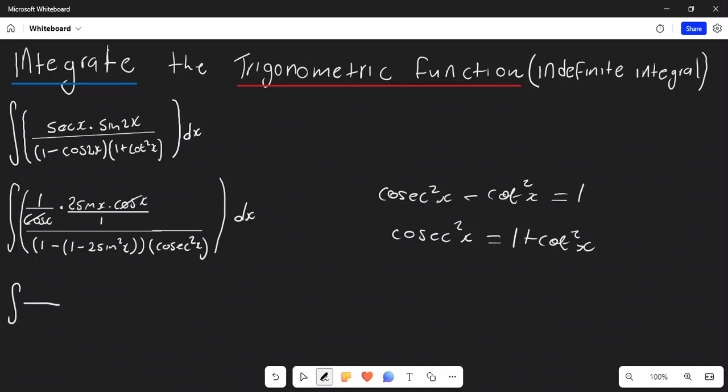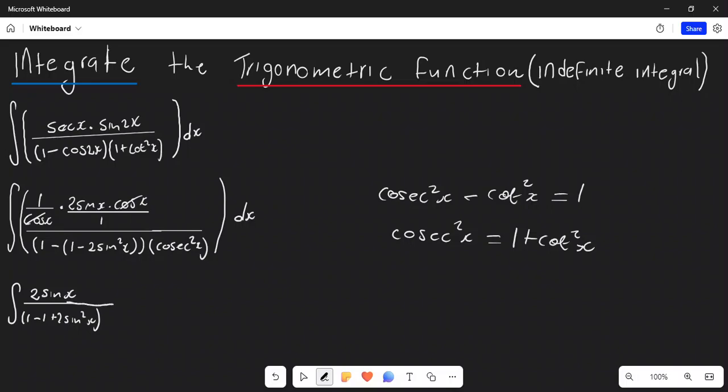So we can write 2 sine x. On the denominator, we have to simplify this. Remember we have 1 here, if we multiply by negative here, we're going to have negative 1, and it's going to be plus 2 sine squared x.